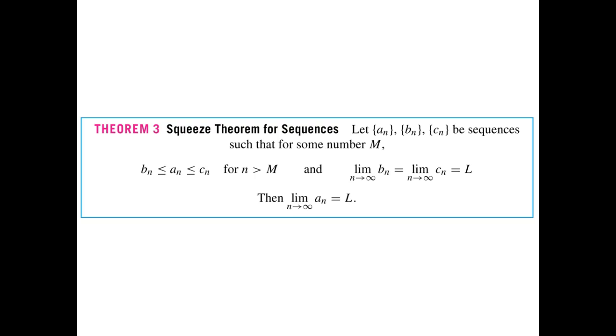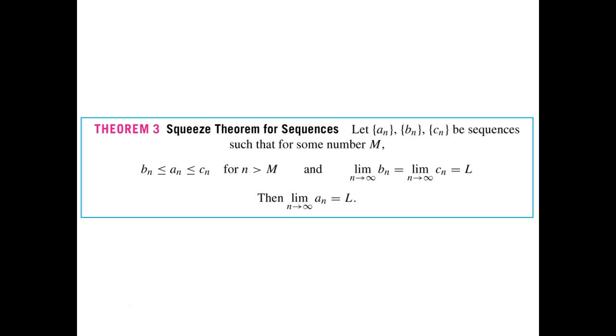Well, guess what? If b is less than or equal to a, which is less than or equal to c for n greater than some m value, and these two have limits of L, then that means that a has to too. Because if b is less than a and c is greater than a, and these both go to L, a's got to go to L too.